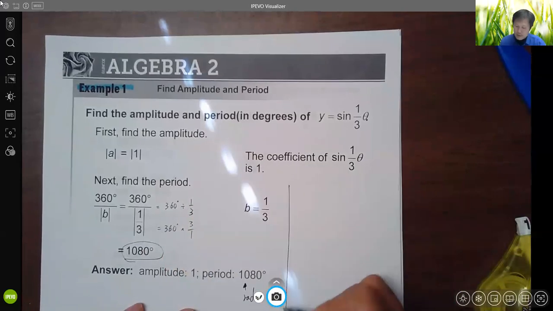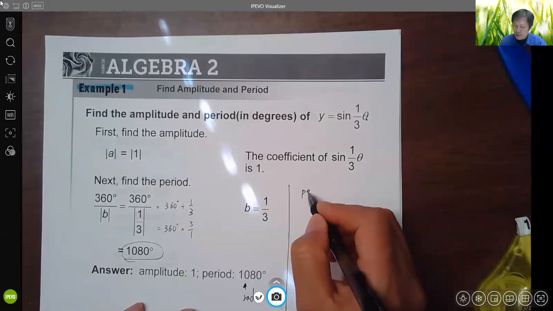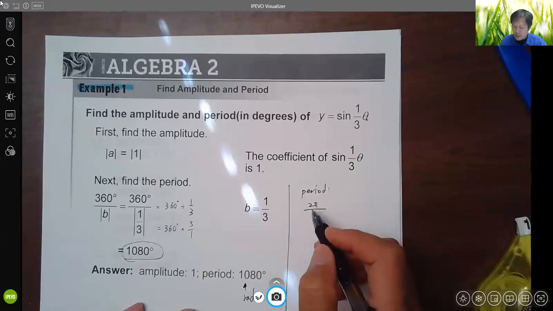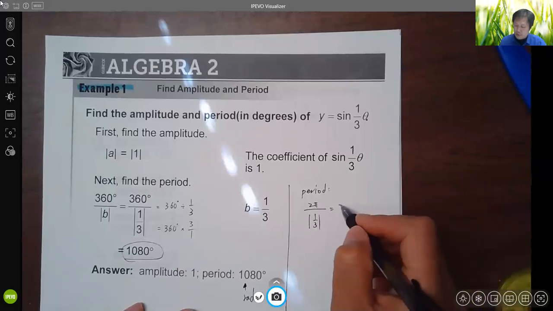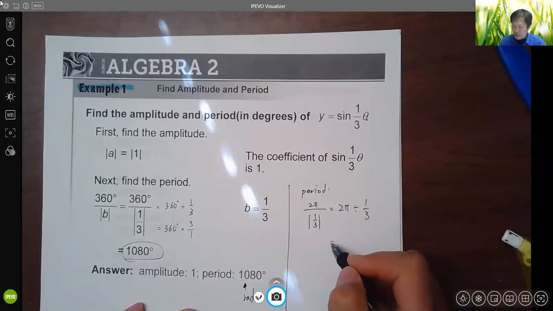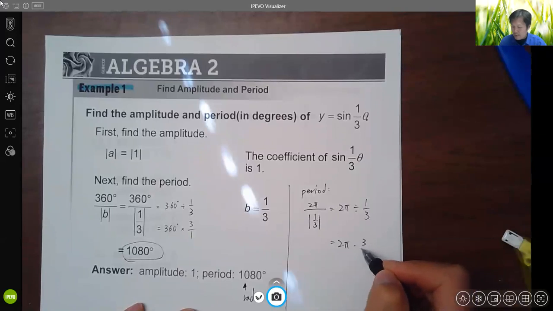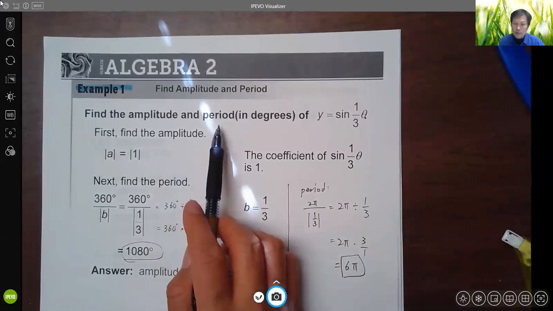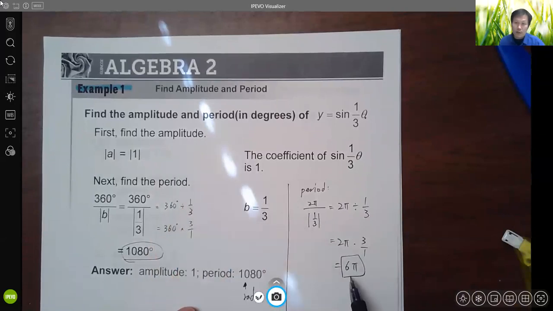So in that case, you will have to use a formula, period of 2 pi over absolute value of b, which is this. So it'll be same as 2 pi divided by 1/3, which is same as 2 pi times 3 over 1, which is 6 pi. So most of the time, you will need to calculate period value using radians, which is 6 pi.